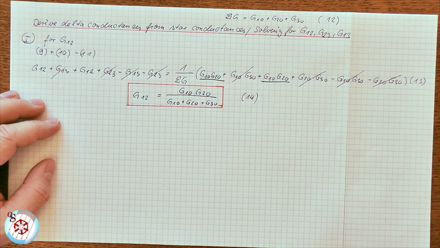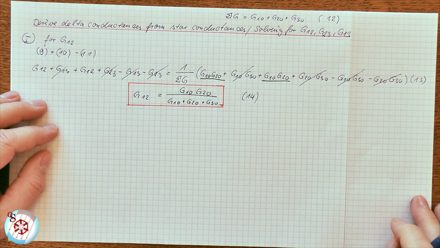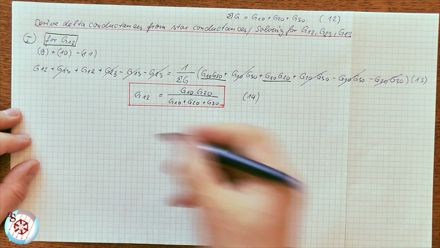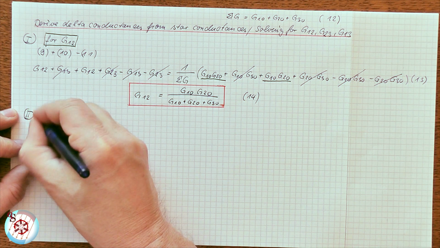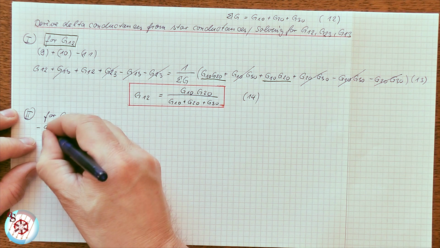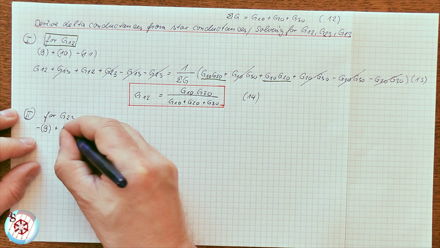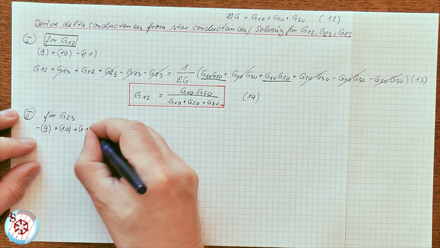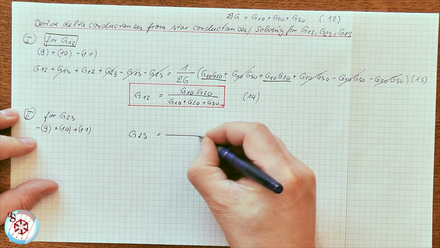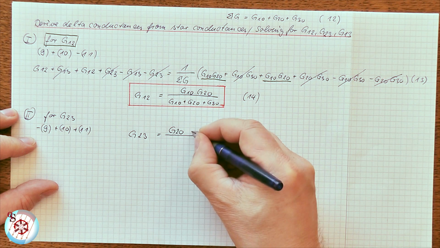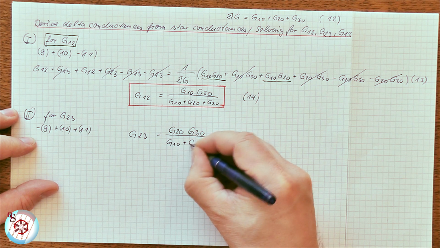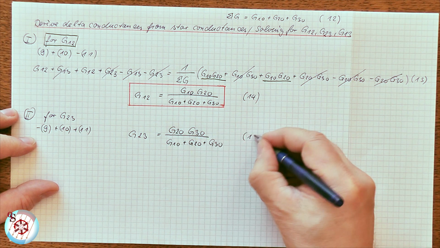Well, as you can imagine, we do the same thing now for G23 and G13. We can take a shortcut here. So for the second equation, that's for G23, we calculate minus 9 plus 10 plus 11. And what we get is G23 equals G20, G30 divided by the sum of all those 3 conductances. And that's 15.